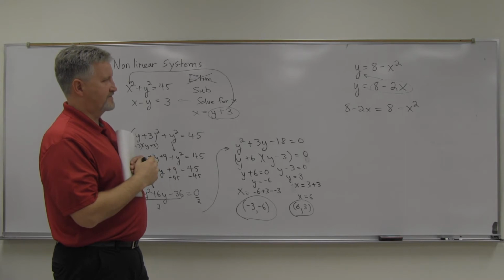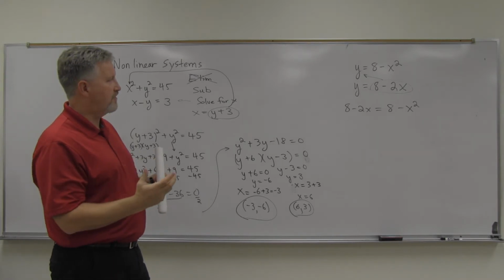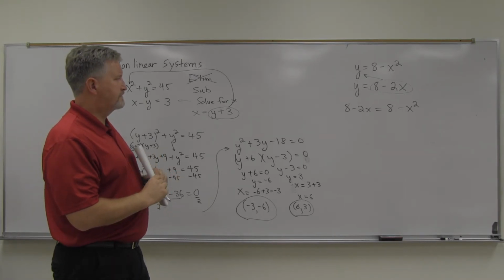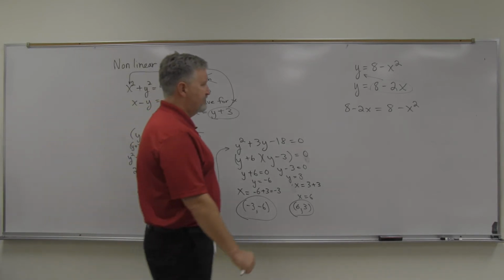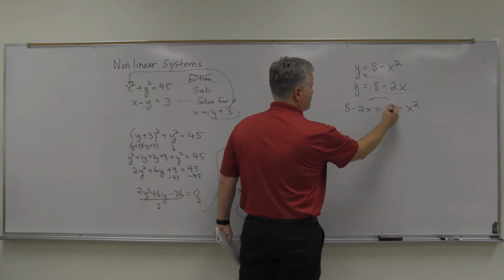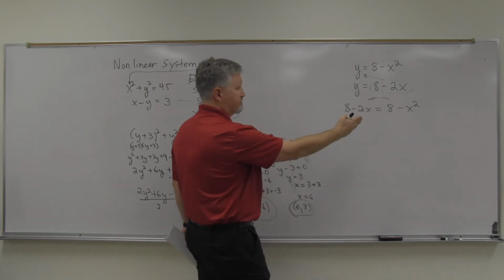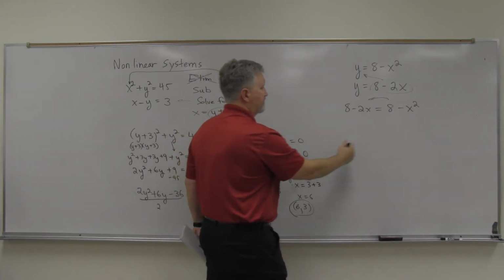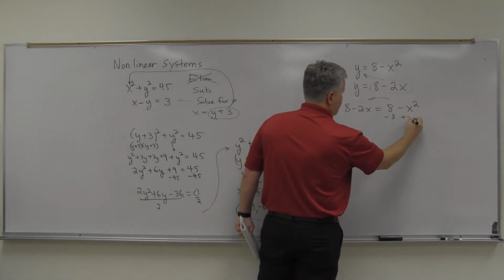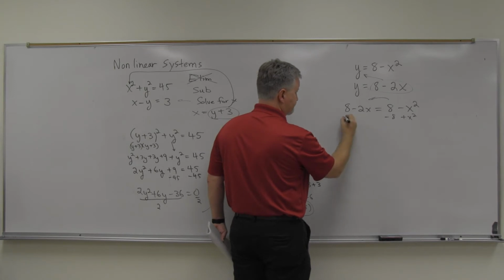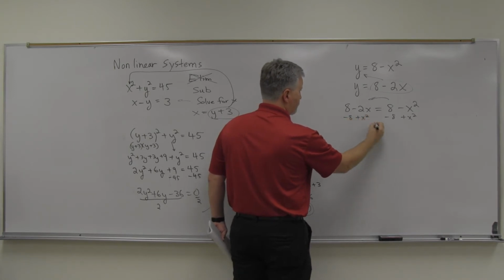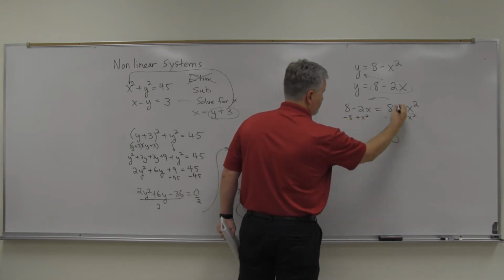Which leaves me this, which again is an x squared equation. It's not going to be square root method, so I need to make one side 0. I would probably bring these over first, since the x squared is minus over there. Make this right side be 0. Get rid of those.